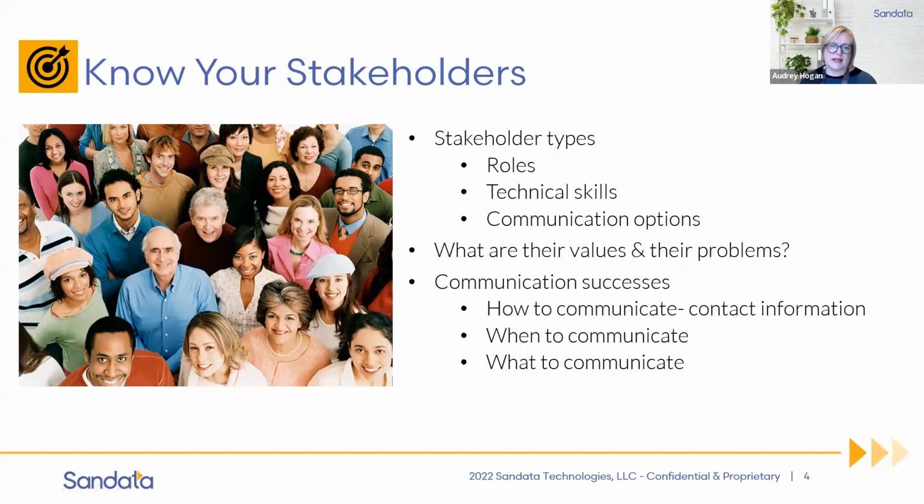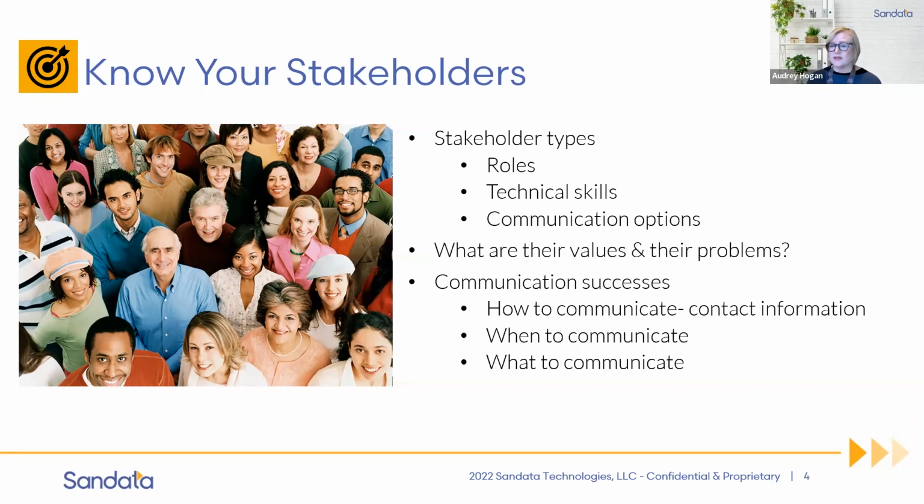Okay, so the first key thing for your target is knowing your stakeholders. In looking at our particular technology, what you want to know is what the different roles are. And there are different roles within the system. There are different roles within the customer. There are different roles within the agencies that provide this service and use the technology.